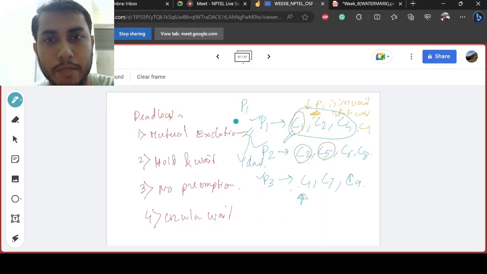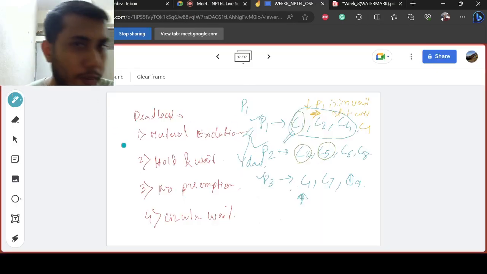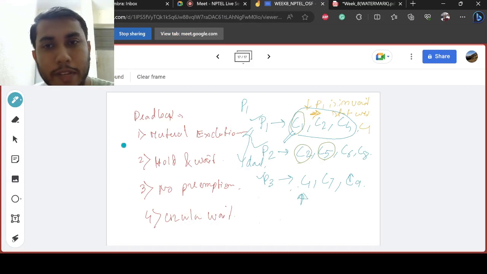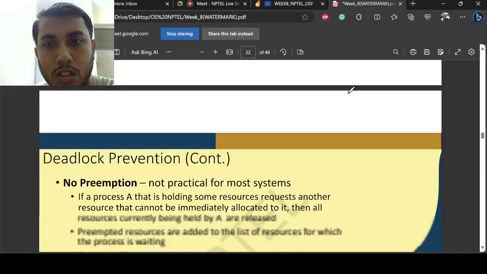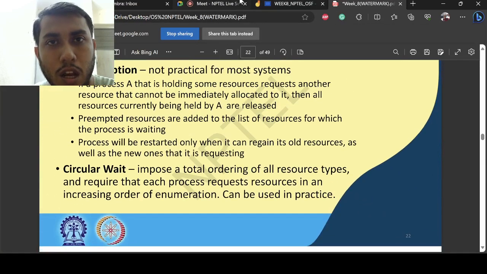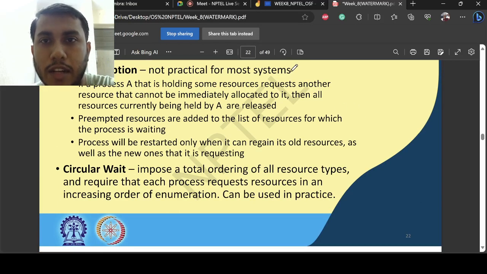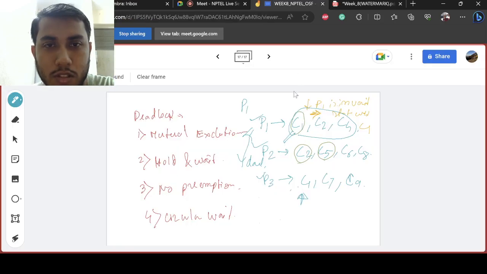Next is no preemption. So how do you prevent no preemption? If a process A is holding some resources and requests another resource which is not available, then the resources currently held by A are released. So it is kind of similar to hold and wait.